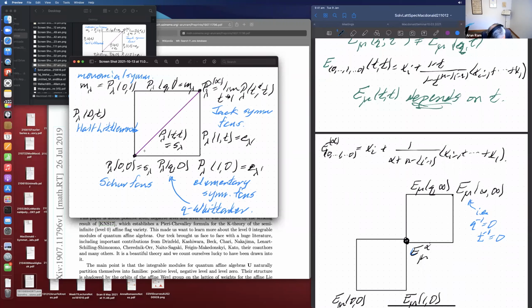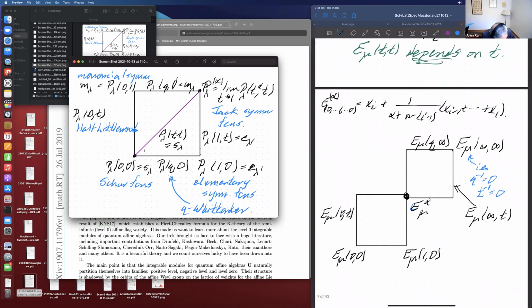And on this one, I've got E mu of Q is infinity and T is, and here I've got E mu 0 T. And here on the bottom, I've got E mu Q 0. Okay, so that's what the new specialization square has to look like.